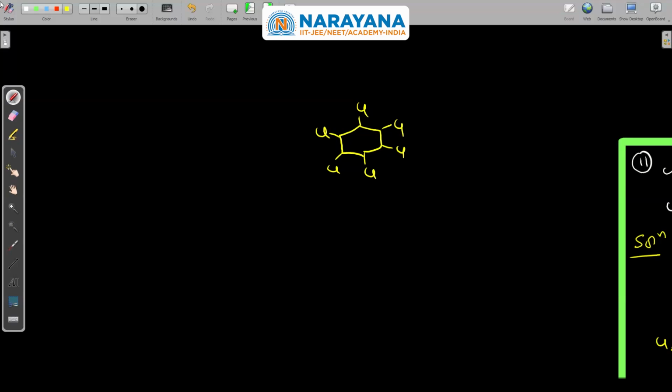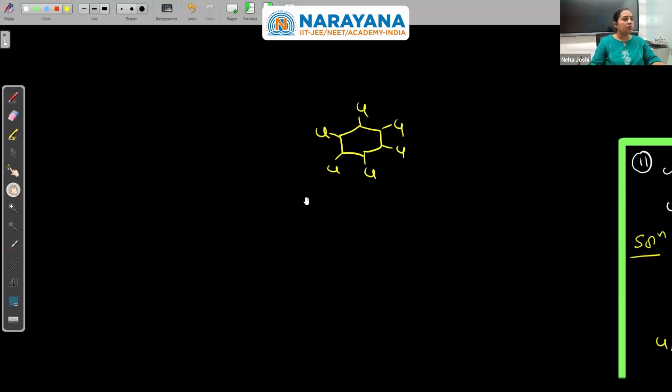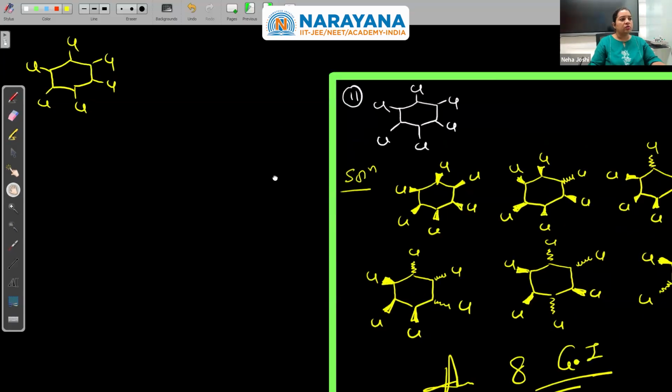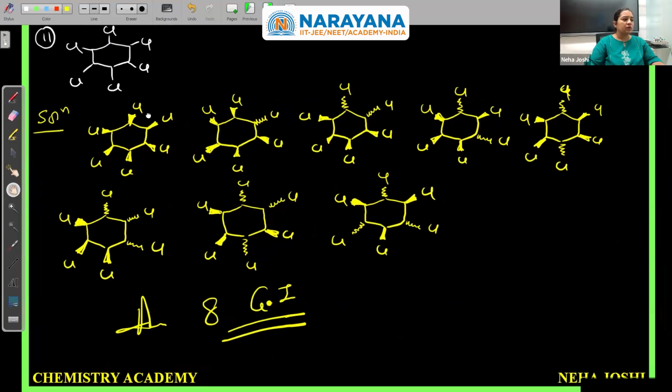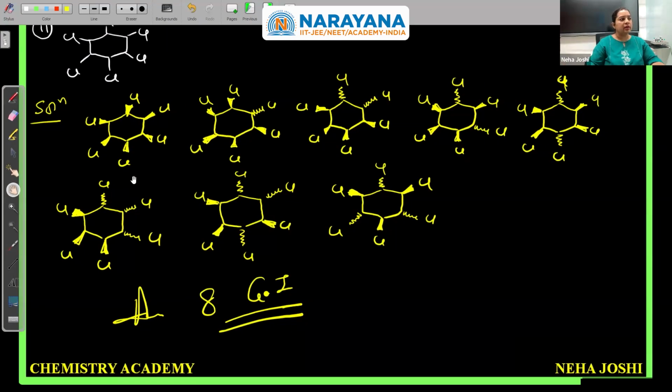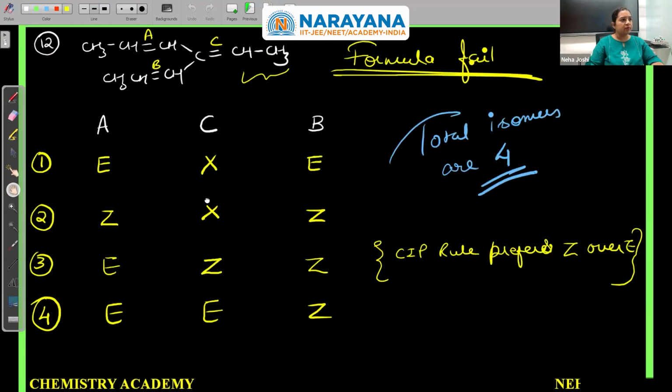I got 8. I think both of them just gave answer 8. Class, I assume you are also getting 8. Okay, so this is how you should get answer 8. Right, total 8 geometrical isomers we'll have.